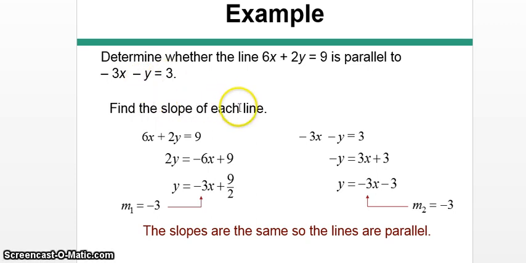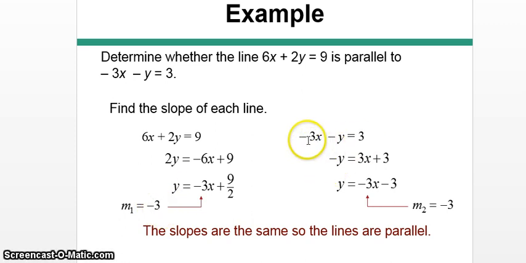Find the slope of each line. 6x plus 2y equal to 9, 2y equal to minus 6x plus 9. Divide both sides by 2, we will get y equal to minus 3x plus 9 over 2. This is the slope intercept form, so the slope is negative 3.